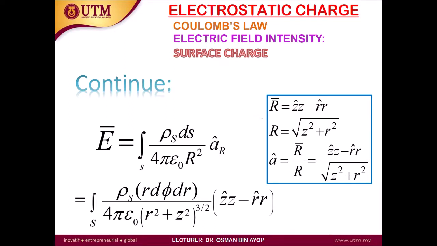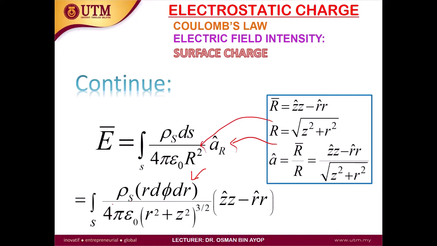So we have ds equal to r d phi dr or r dr d phi, whichever is okay. And then we have the unit vector a_R equal to vector R divided by its magnitude R. When you put a_R and R inside this, this is the conclusion.